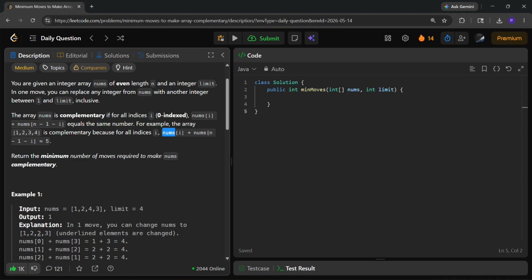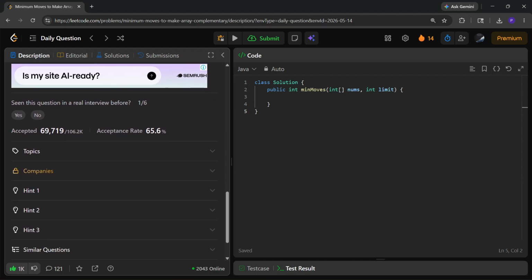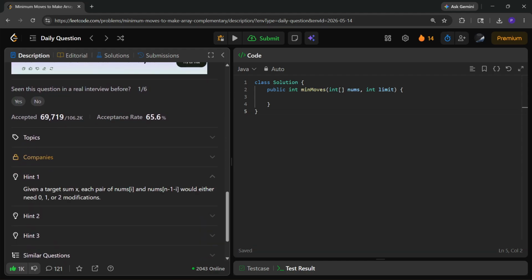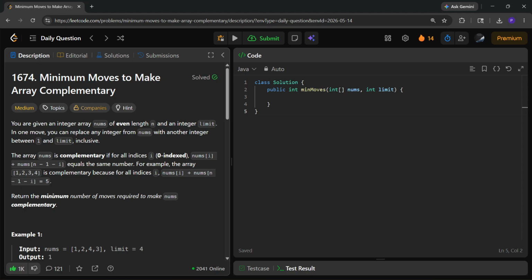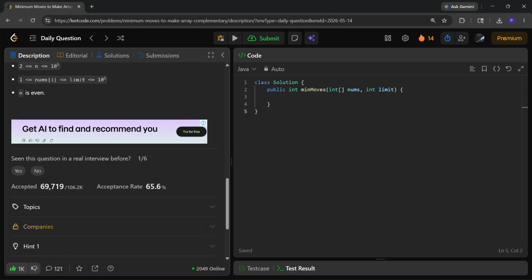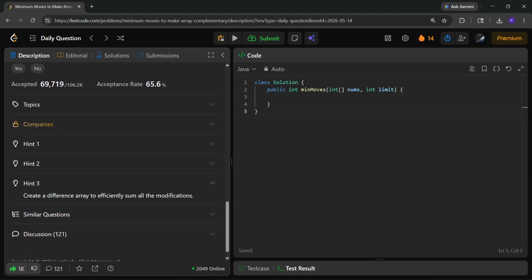Can I binary search on this? I think I can binary search on this.